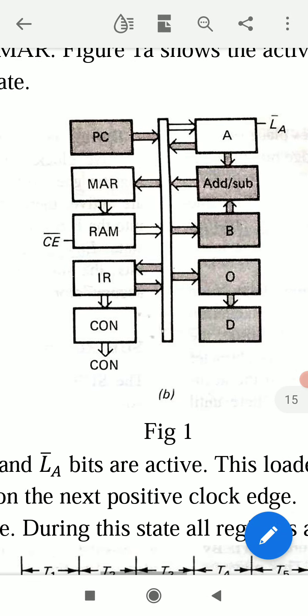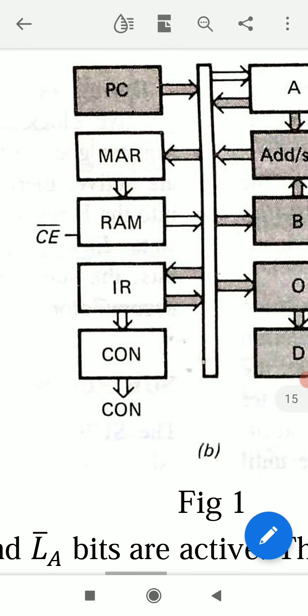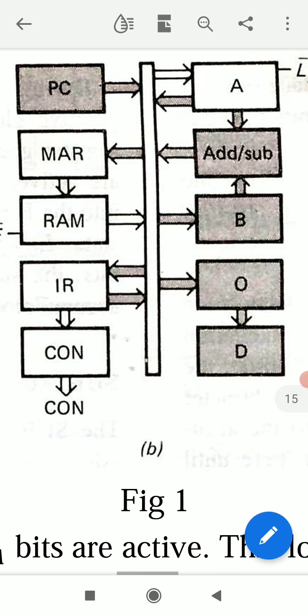So we have to load the addressed data word which is stored in the memory RAM into the accumulator.